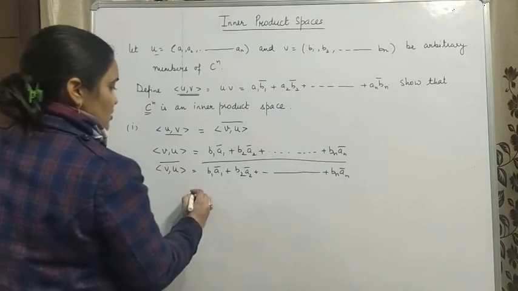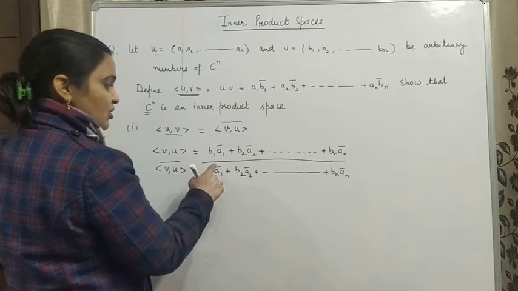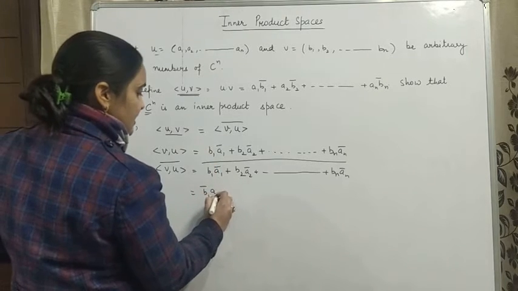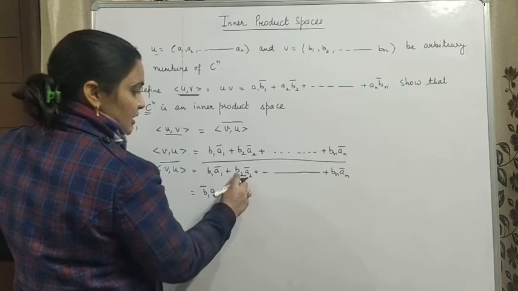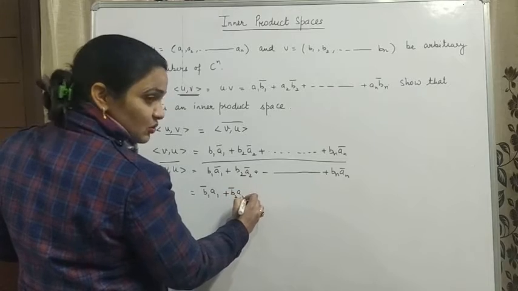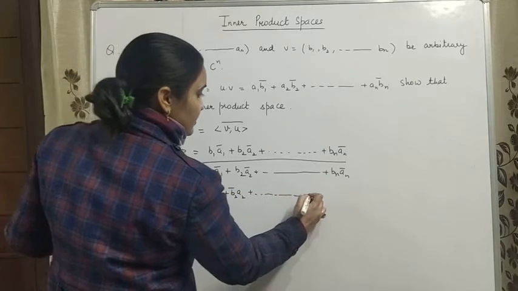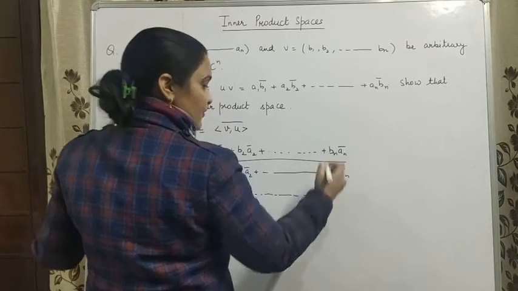Clear? So this is b1 conjugate, a1 conjugate का फिर से conjugate it is a1 plus b2 conjugate, a2 conjugate का फिर से conjugate is a2 plus so on plus bn conjugate, an conjugate का फिर से conjugate is an.